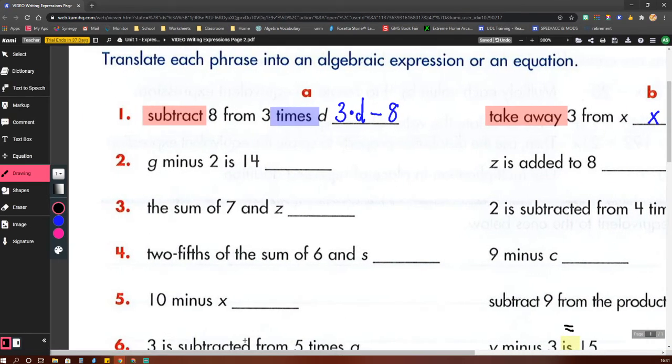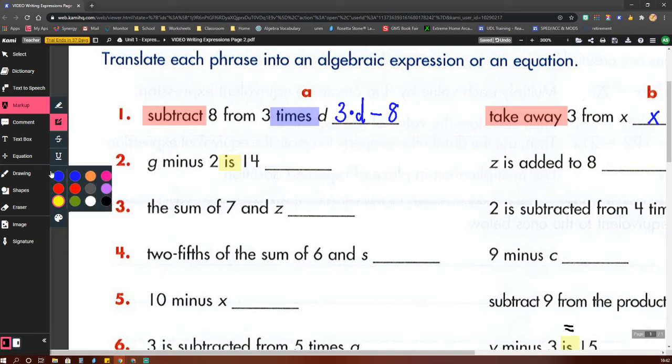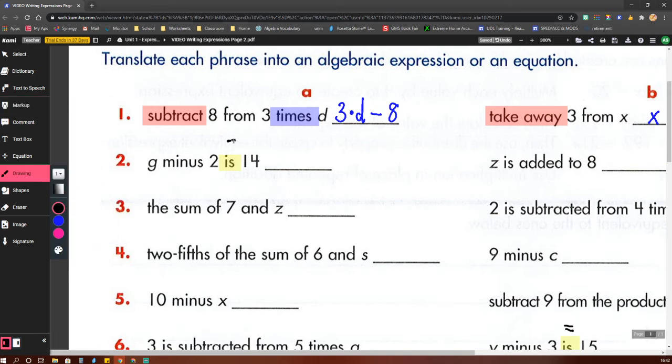Oh, here's another one. This is another one where it means equals. So if we were to do this one really quickly, I'd see minus, and I'll be like, g minus 2. So I'm going to write that down. g minus 2 equals 14, and that's it.